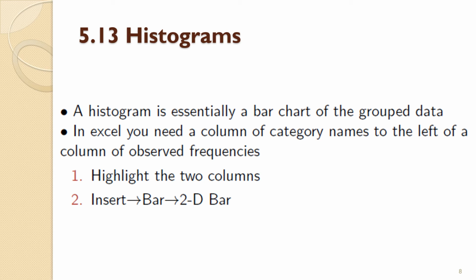In order to do this in Excel, you need a column of category names to the left of a column of frequencies. Again, you need the data to be organised in the right format, otherwise you can make a mess of it. Excel can be a little bit unforgiving like this.